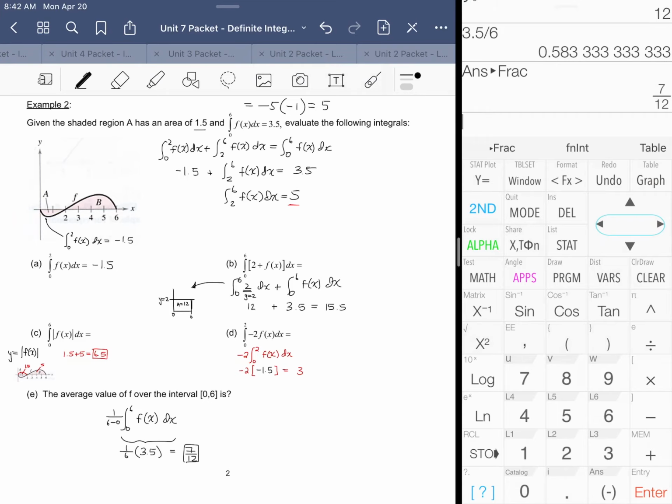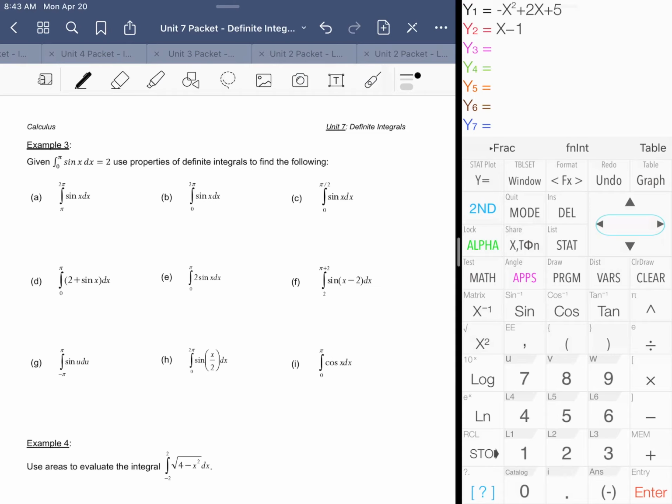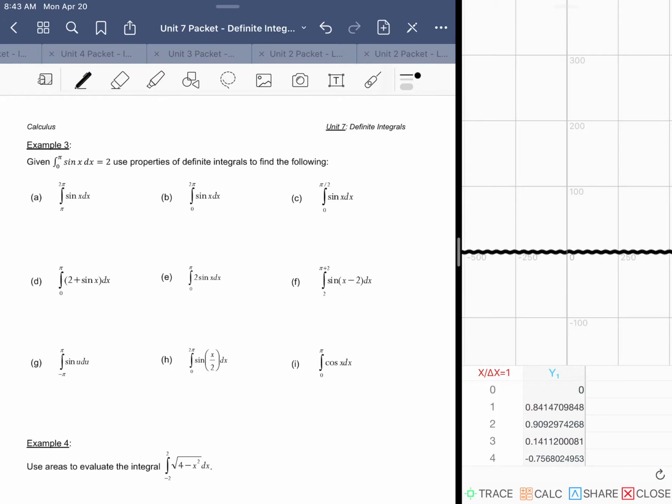All right, now page 3 is something that you can do entirely on your calculator, but I want you to take a little bit of time, draw a sine wave, all right? So now, drawing a sine wave is as simple as saying y equals the sine of x in your calculator.